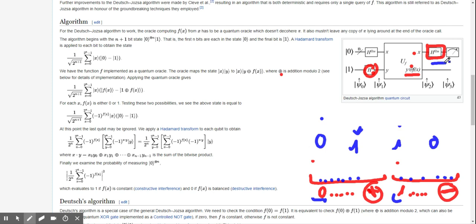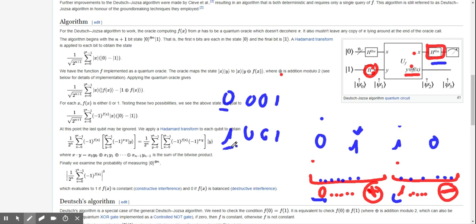Wait a second. So let's imagine we had 0, that's our ancillary qubit, and then, I don't know, 0, 0, 1, and then on the other side of the packet, you have a 1, 0, 0, 1. So those are the ancillary qubits.